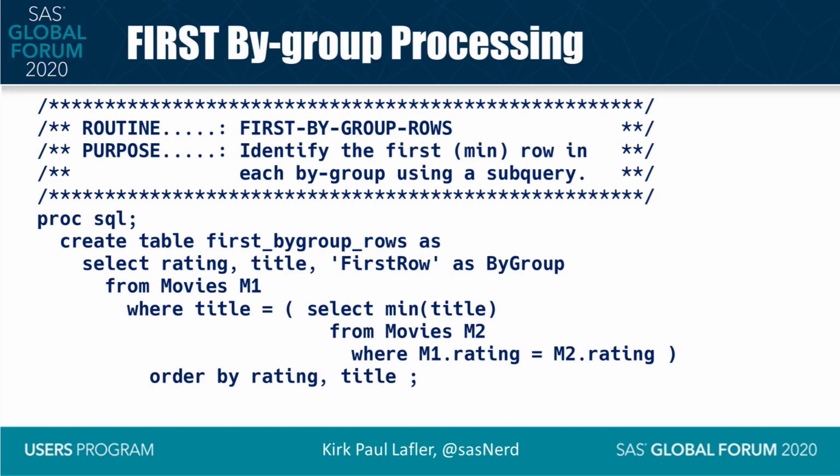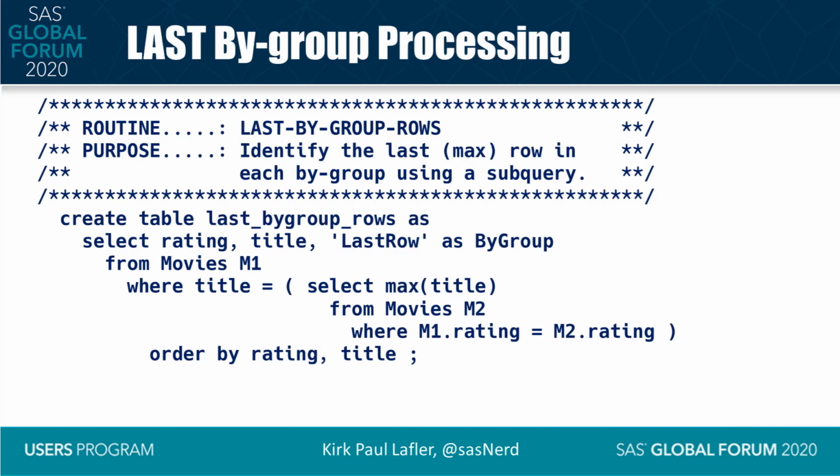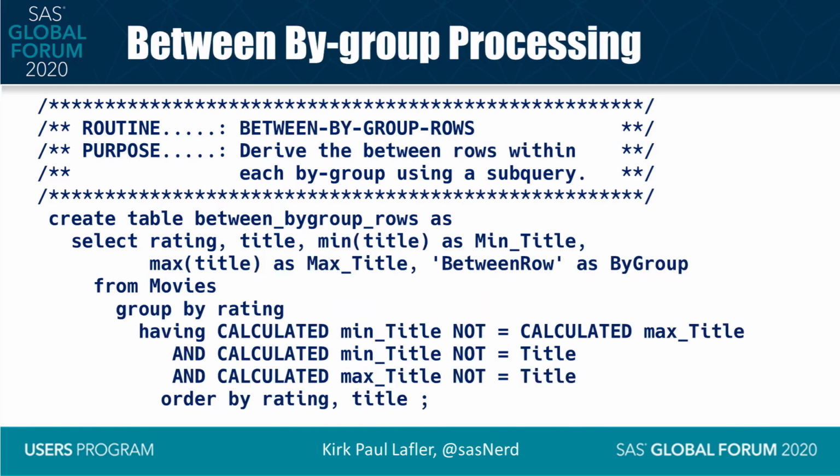The last by group processing uses the max function, ordering it by the categorical variable rating. The between by group processing uses the group by and the having clauses to be able to collect the between by group rows.